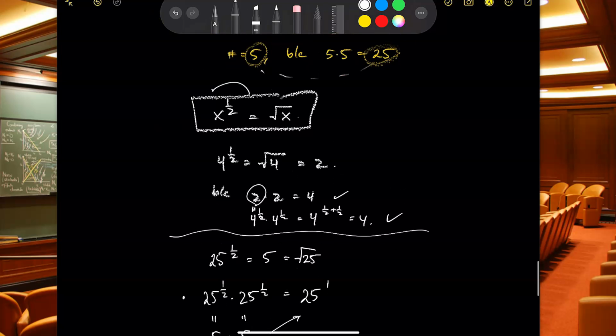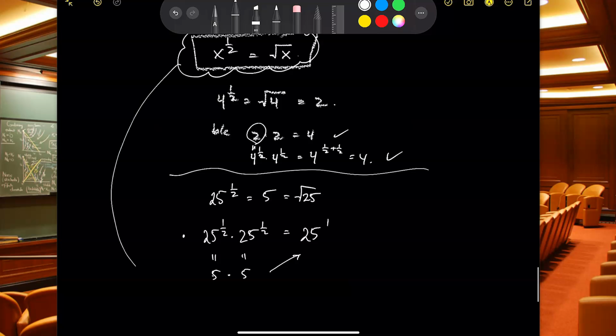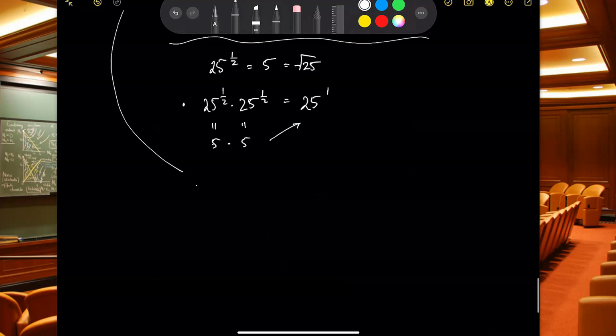So in general, this generalizes to x to the 1 over n is equal to the nth root of x. Now what is the nth root? It's the number that it takes this many of it to multiply to get to your number.